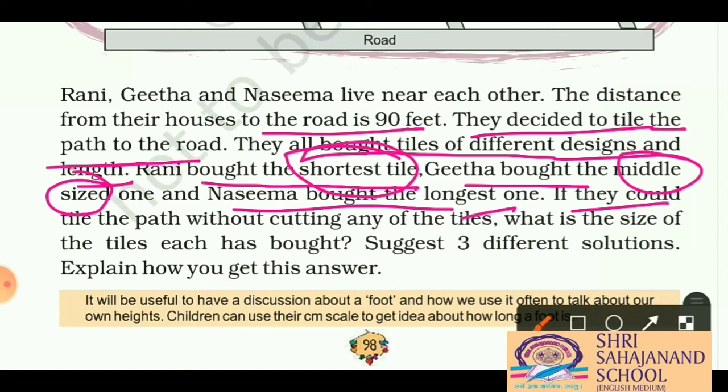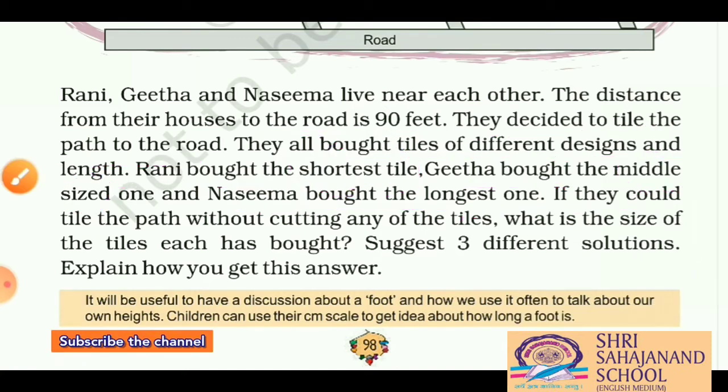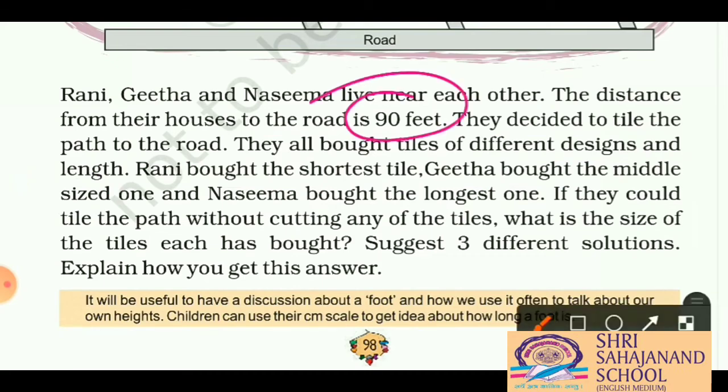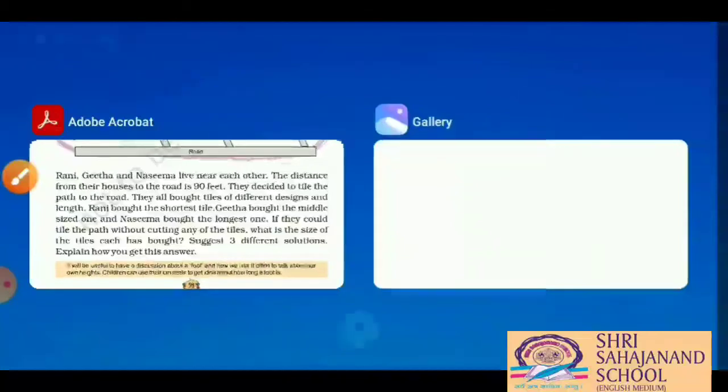So here one important statement was that we must not cut the tile. It means we have to find the factors of 90. So let's come to the solution portion.